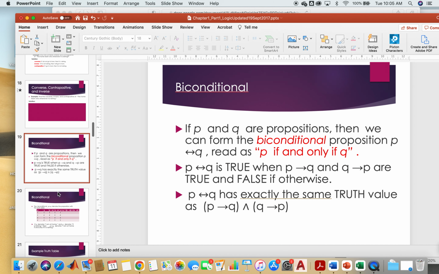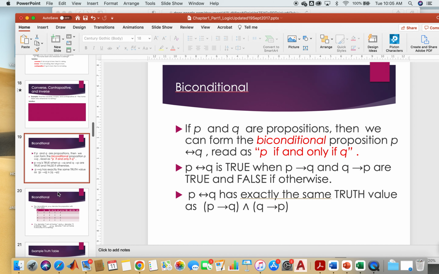Gitu. So for the conjunction, the symbol is this one. The conjunction could also be written as P by Q. For example, if the proposition is she is cute but talkative, we can rephrase the statement into she is cute and talkative. Gitu. Alright.